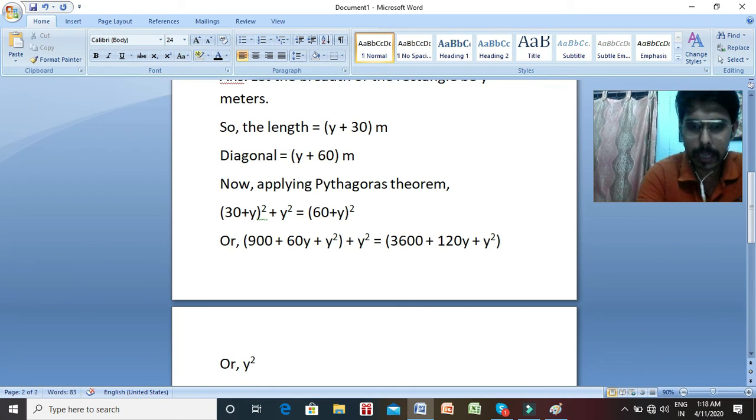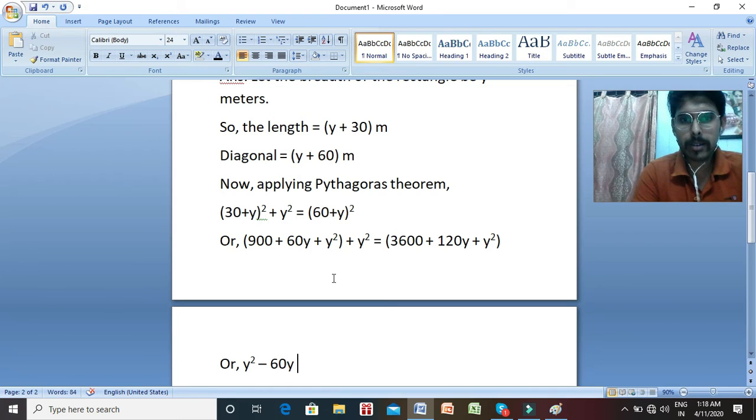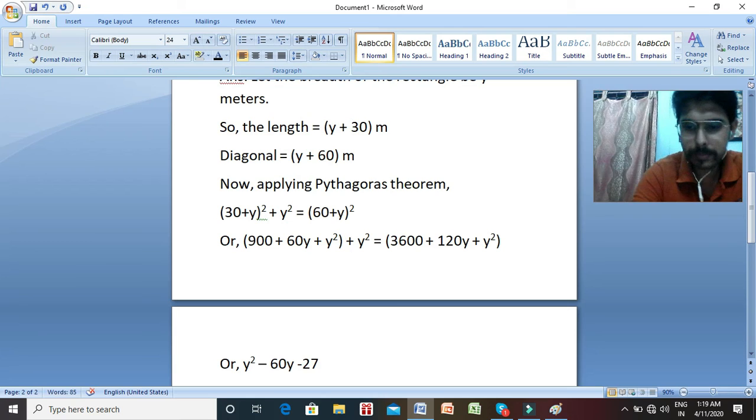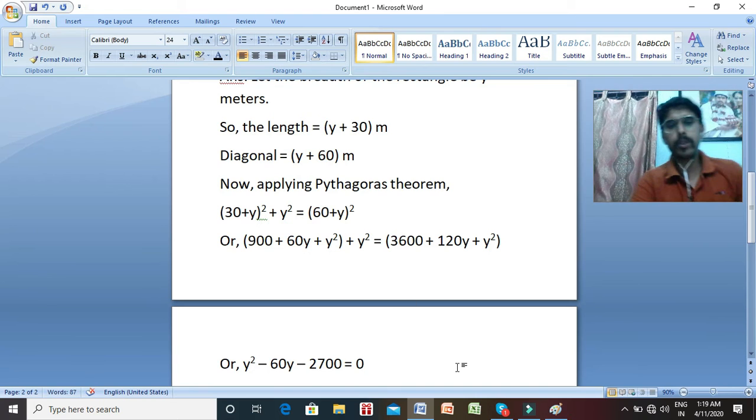Then here it is plus 60y and there it is plus 120y, so if it comes back, it will be minus 60y. Here there is 900, here there is 3600, so it shall be minus 2700. That should be equal to 0. So this is the quadratic equation that we need.